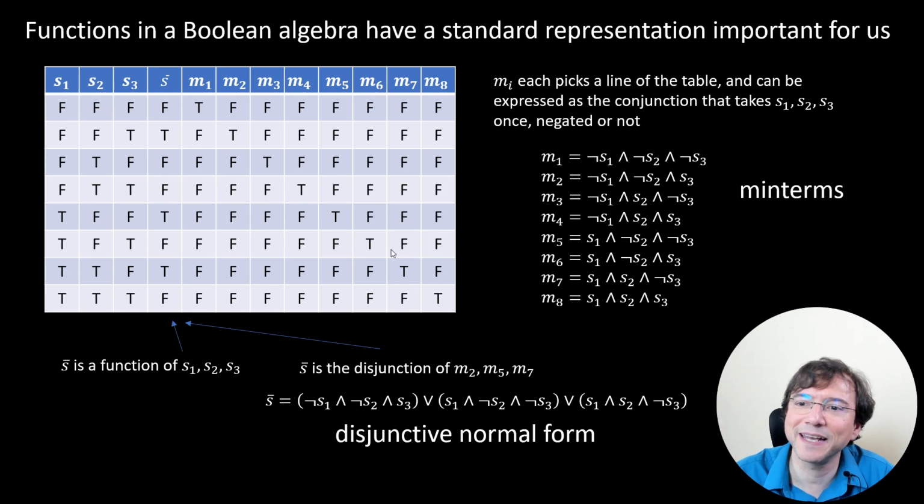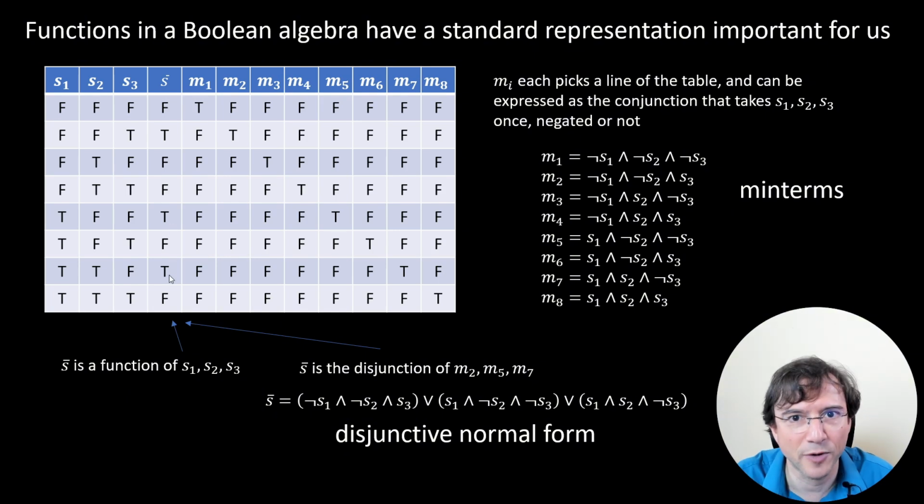Suppose that we have these three statements, S1, S2, and S3, and then we have a function S bar of these three statements. I could fully define S bar by telling you in which assignments this statement is true. This S bar is exactly the statement that is true in the second, the fifth, and the seventh assignment.